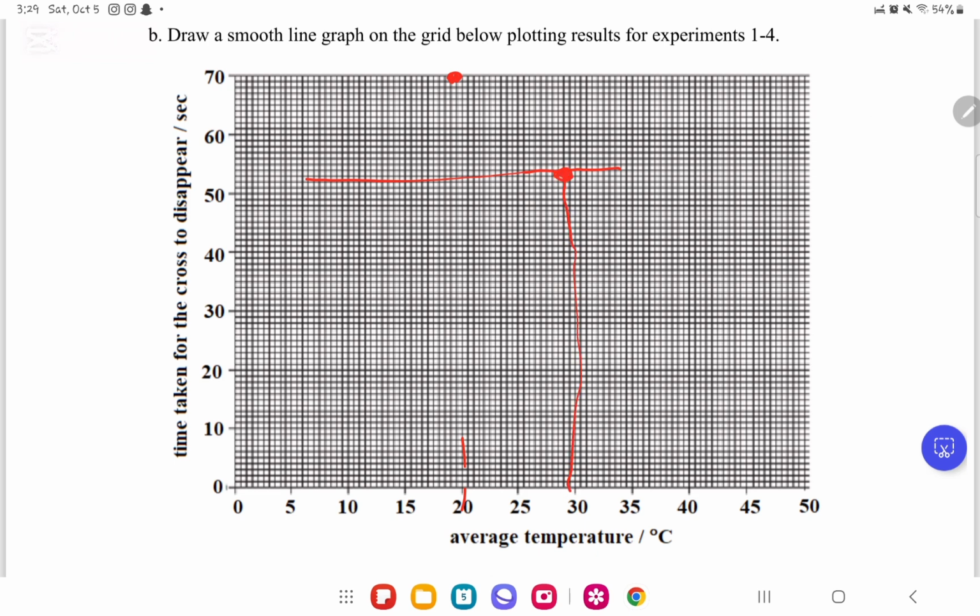Then I'll change the color. At 32 seconds, it was 44. So here's 32, and over here is 44. So, no, wait, it's not accurate. 32 is over here, and 44 is more here, I would say.